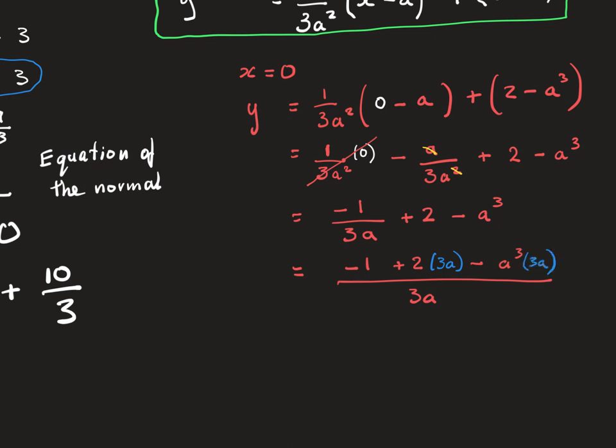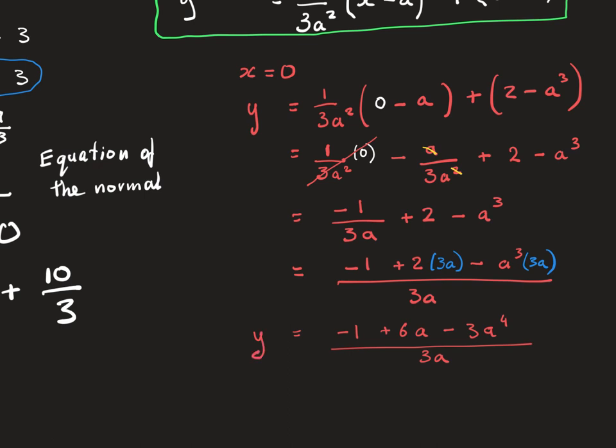So this can then be further written as minus 1 plus 6a minus 3a to the 4th, over 3a. Not too sure that that makes much of a difference, but it's just written in one other way.